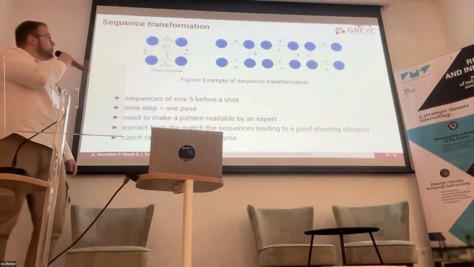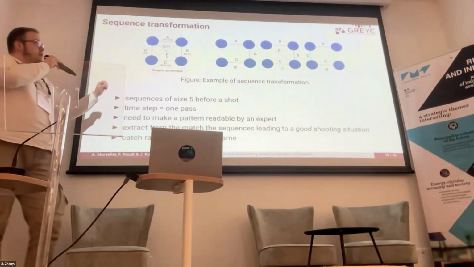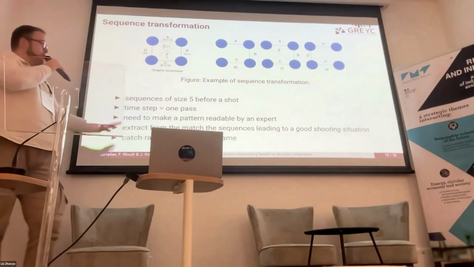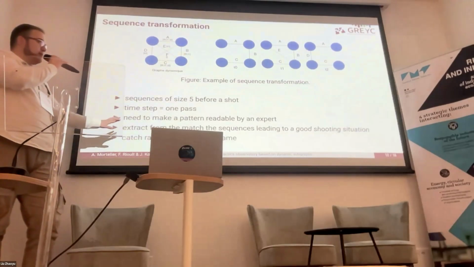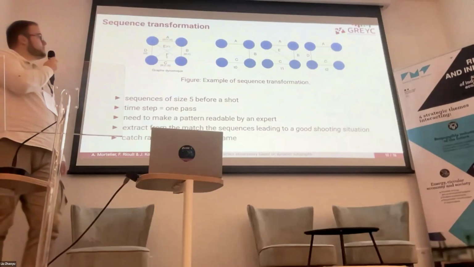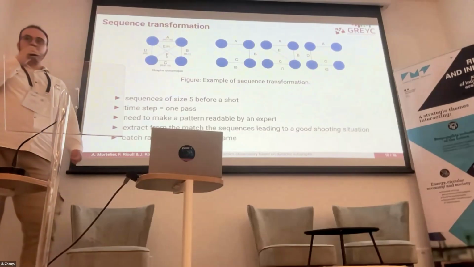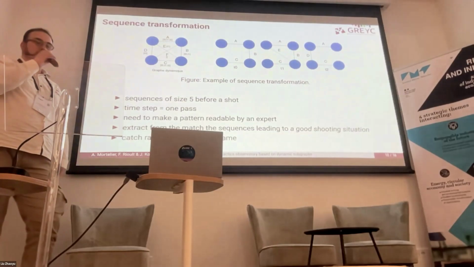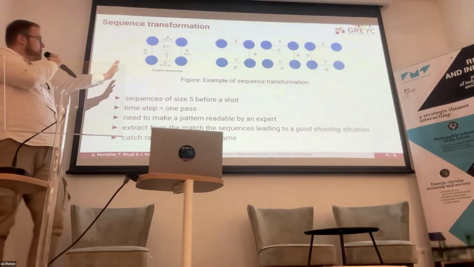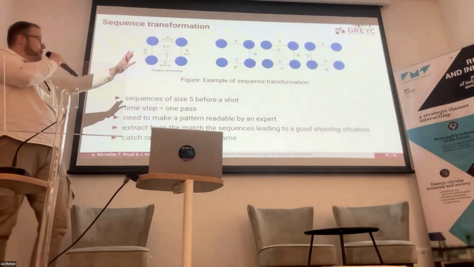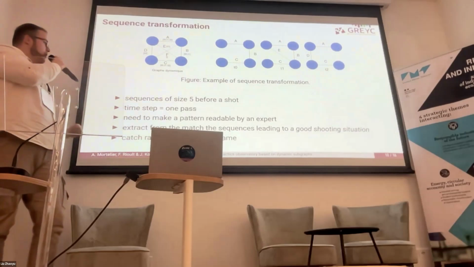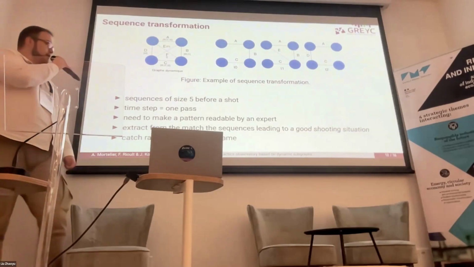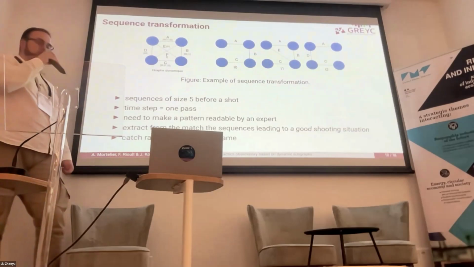It's for this reason we transform our dynamic graph to a sequence. We decided to have a sequence of 5 passes before a shot. Why 5 passes? Because according to experts, it's the number of passes to create a tactic. So each time step of our sequence is a pass, because we need to make a pattern readable by an expert. And after that, we extract from the match the sequences leading to a good shooting situation.